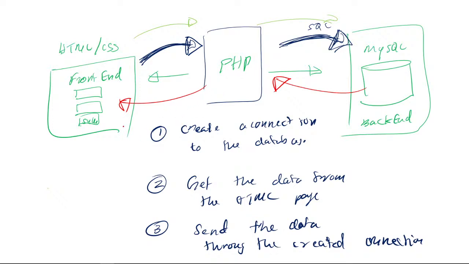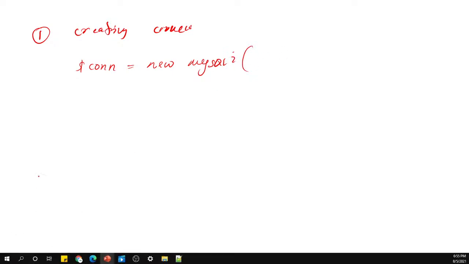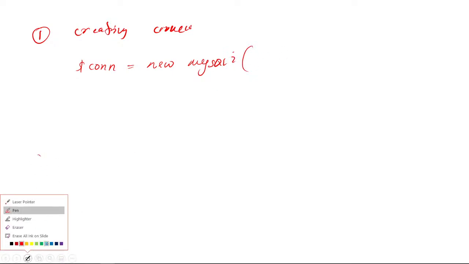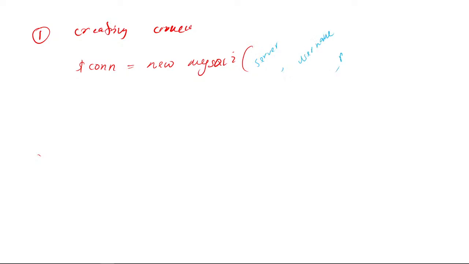So how is it done? The first step, creating the connection, is done using a variable, $, and a new MySQLi connection class, where you have to mention the server through which you are accessing the data, the username of the server, and the password.